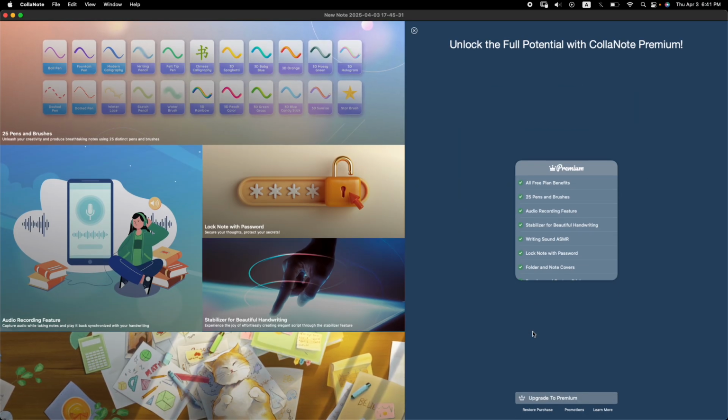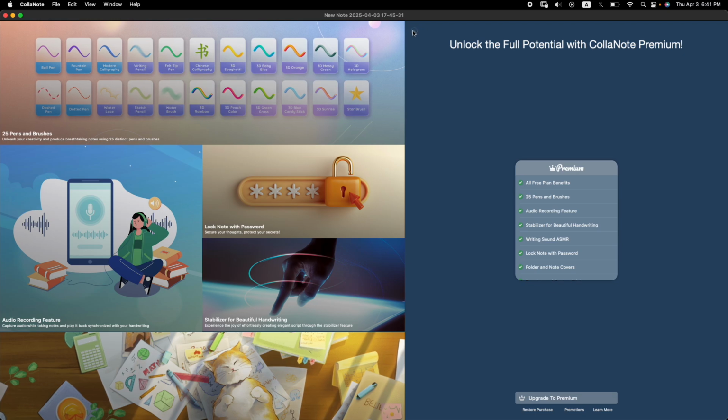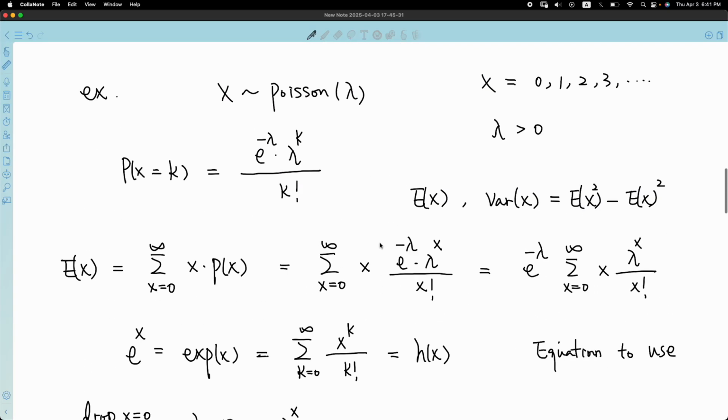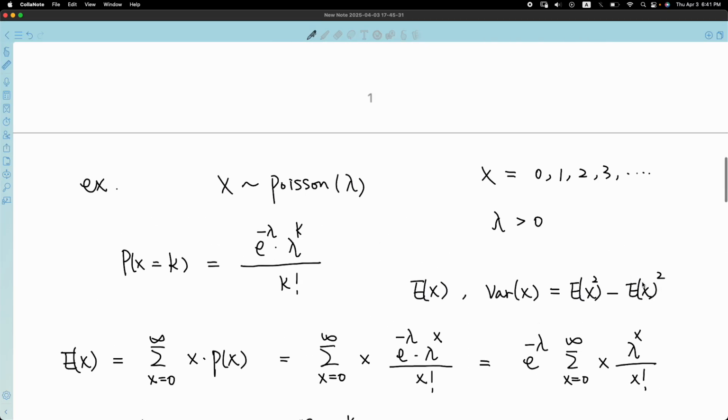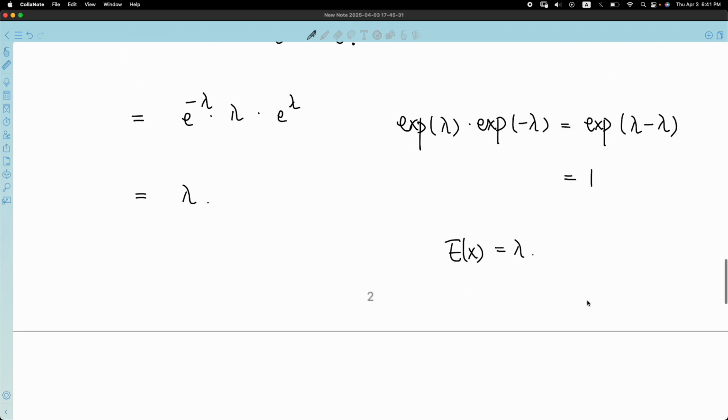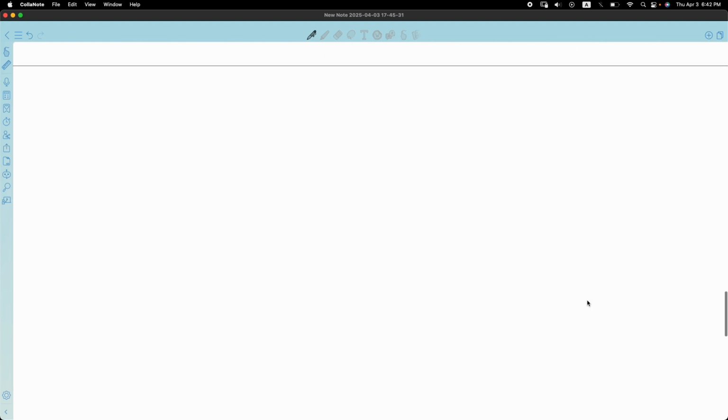Okay, so that's the first moment. To calculate the variance, I'm going to use this formula, and all we need additionally is E of x squared, the second moment. So this is the thing we want to calculate: E of x squared.